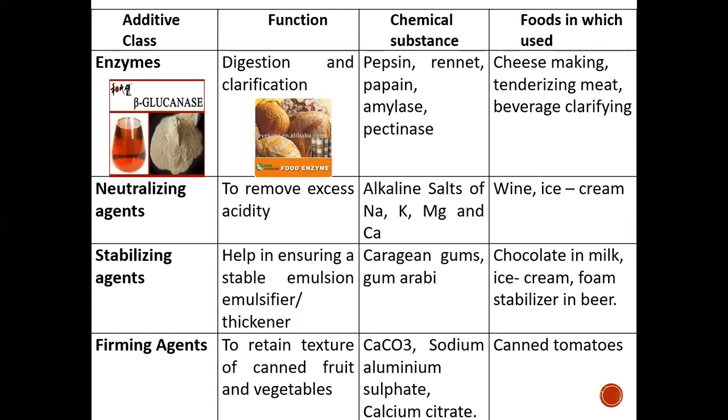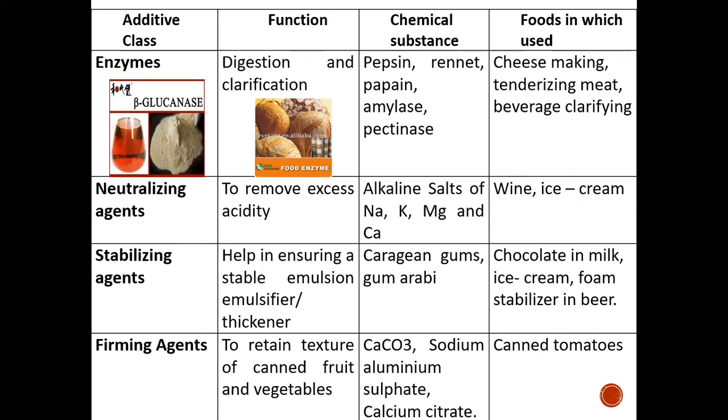Then the next one is neutralizing agents. The name itself says it is to decrease the amount of acid. Alkaline salts like sodium carbonate, etc., are used so that they decrease the acidity. They are used in wines, ice creams, etc. The next one is stabilizing agents. These help in ensuring a stable emulsion, or can also act as thickeners, like in ice creams, foam stabilizers in beer, and chocolates.